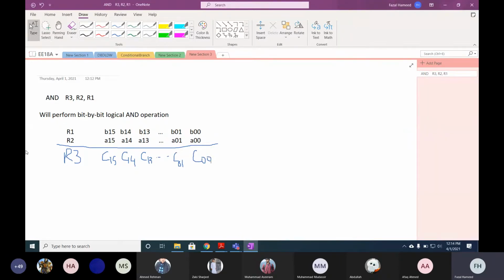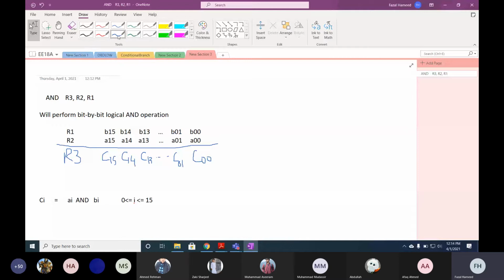The operation will be something like this: Ci will be equal to Ai AND Bi, where 0 is smaller than or equal to i, which is smaller than or equal to 15. It will perform a bit by bit operation.